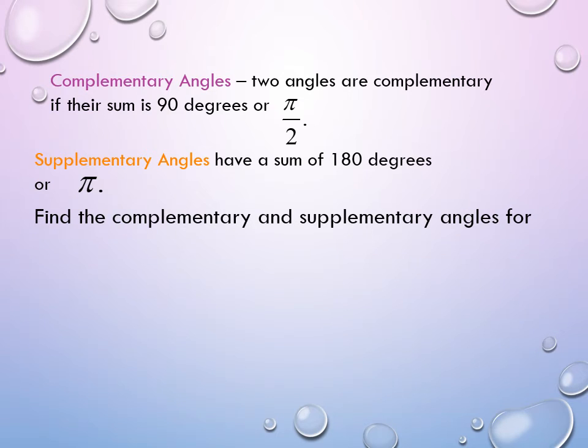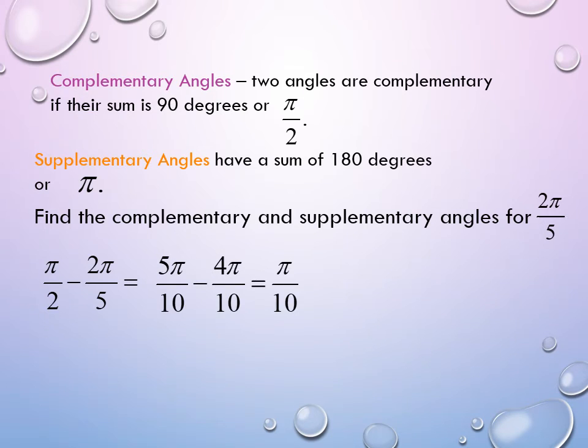Find the complementary and supplementary angles for 2 pi over 5. So it says here that if it's 2 pi over 5, we would have to add something, and the two of them added together should equal pi over 2. So if I want to find the missing piece, I have to subtract pi over 2 minus 2 pi over 5.